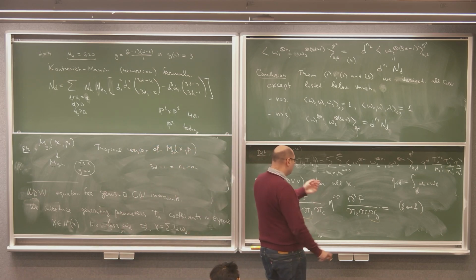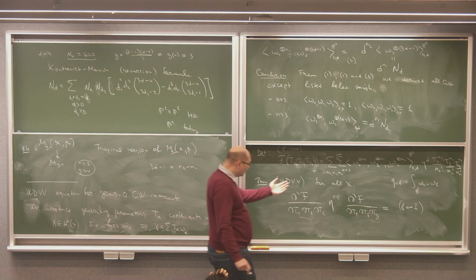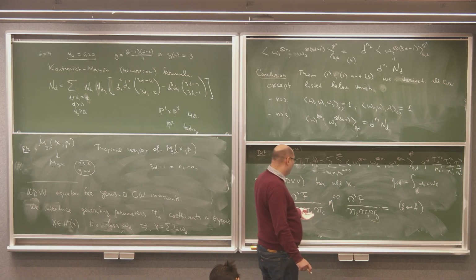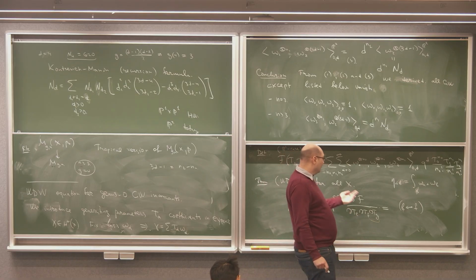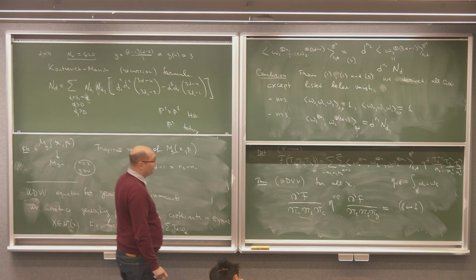Okay, so it is some kind of system of relations, because we still have these four indices, so it's a relation between different kinds of third derivatives of f.